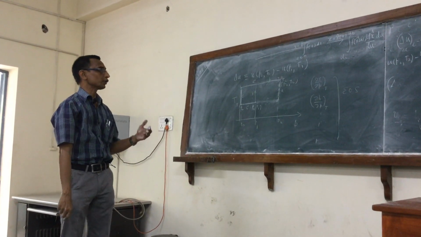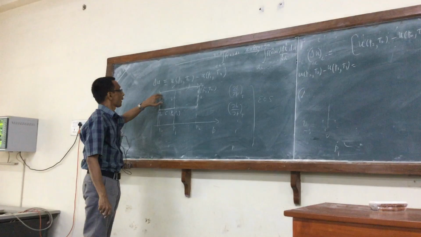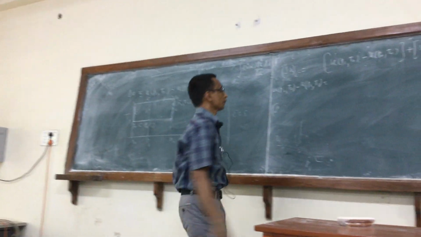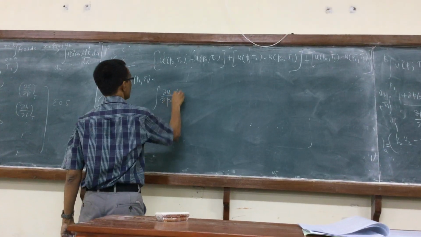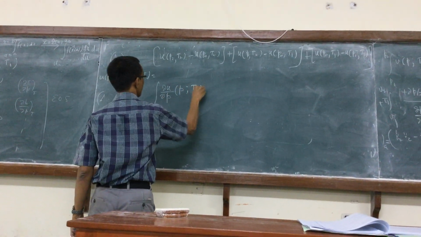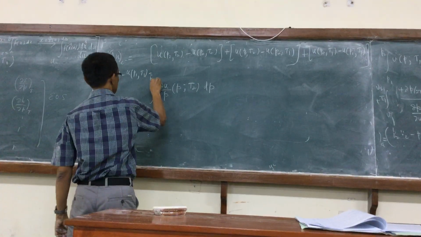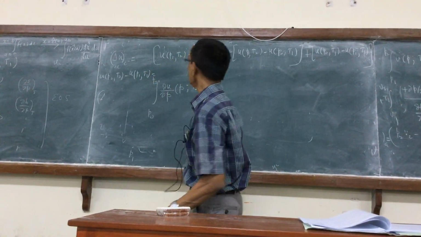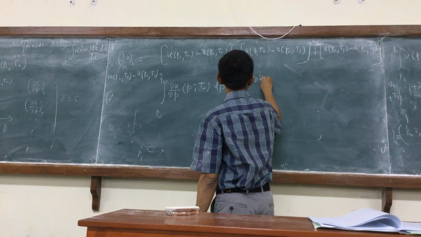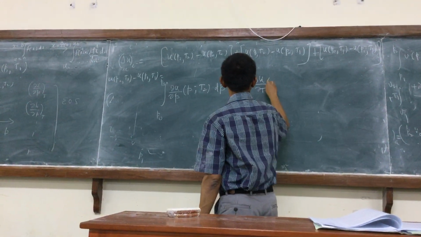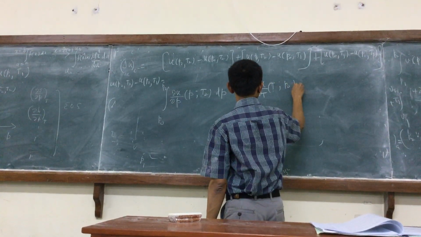Right, so U of P2 T2 minus U of P0 T2 will be very easy to evaluate. So that would be the integral of du by dv from P0 to P2, and one would be du by dt, evaluated at P naught.